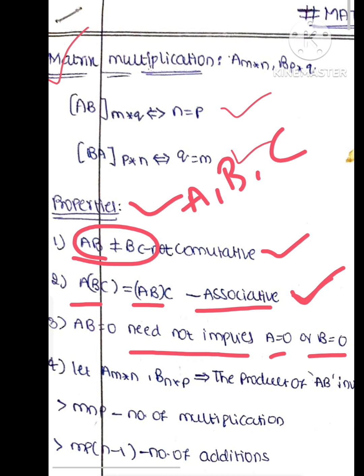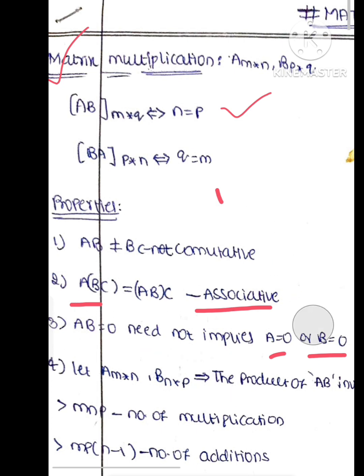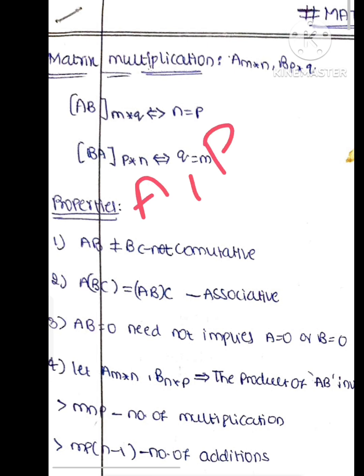That means if the product of two matrices is 0, it doesn't mean A is a null matrix or B is a null matrix.